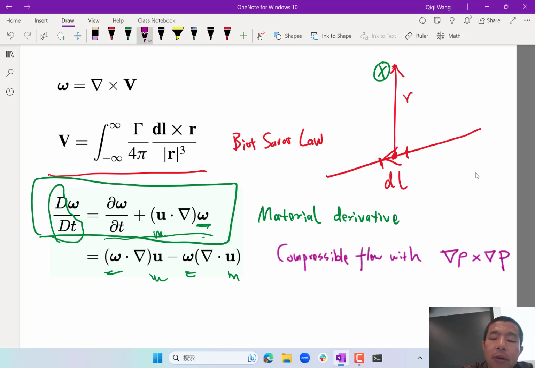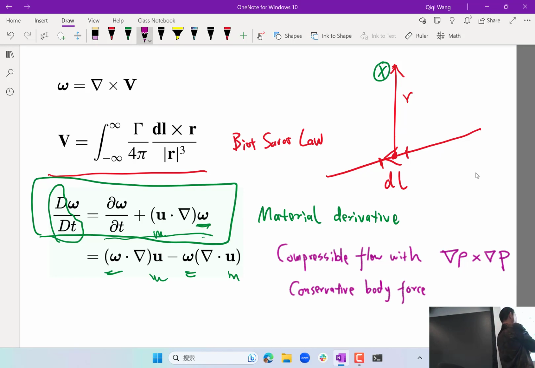And also a conservative body force, like gravity, right? So this is actually true for most aerodynamic flow fields. And if you get one conclusion from this equation, the conclusion would be: if vorticity is 0, then the right hand side of this equation is 0.